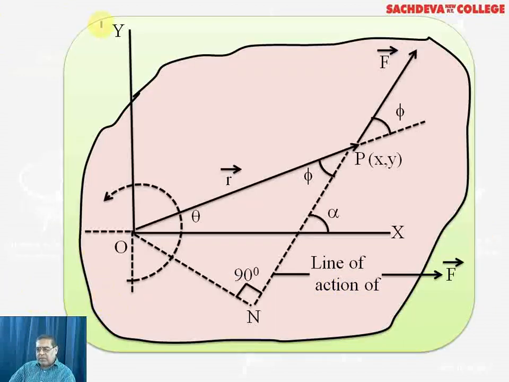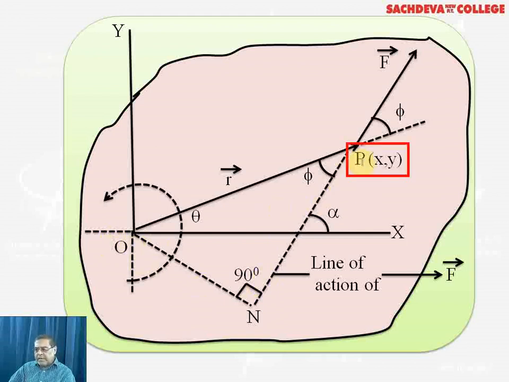Now, this is the figure to explain that particular context. We find that ONP is a right angle triangle. Phi is the angle between the hypotenuse and the normal line. Therefore, the side just in front of phi will be the perpendicular. So ON is behaving like a perpendicular, NP is behaving like a base, and OP is behaving like a hypotenuse.